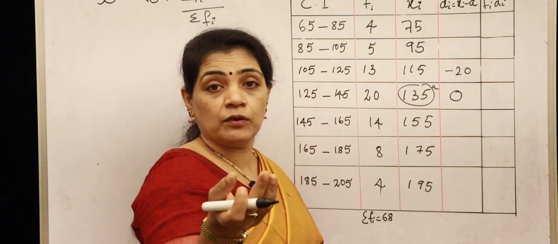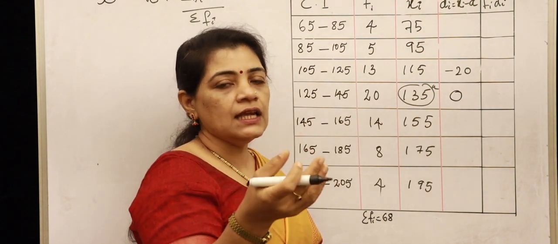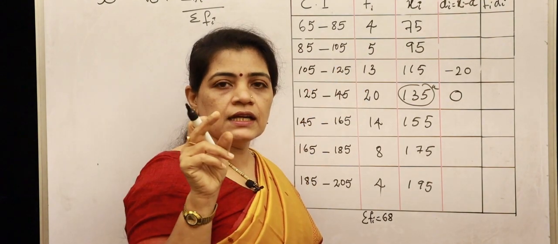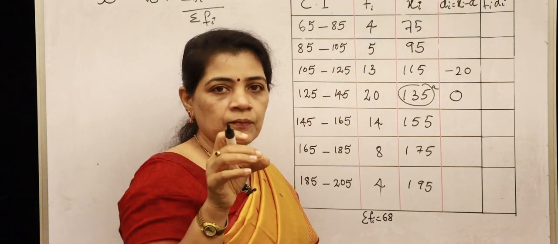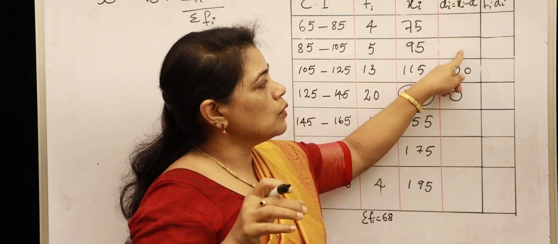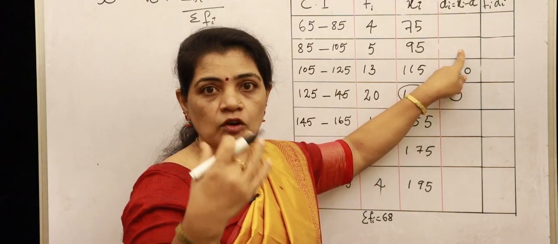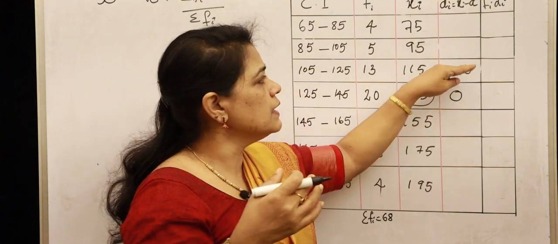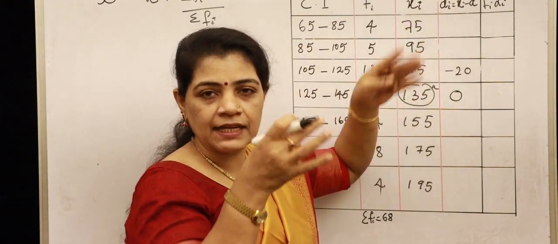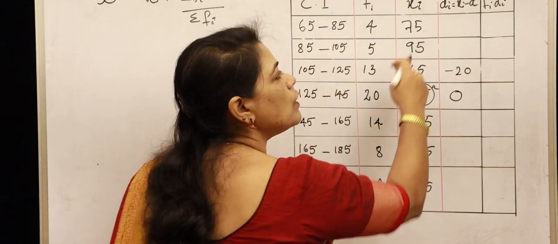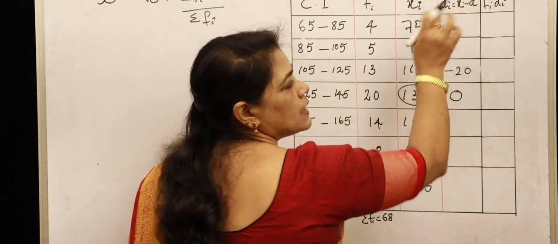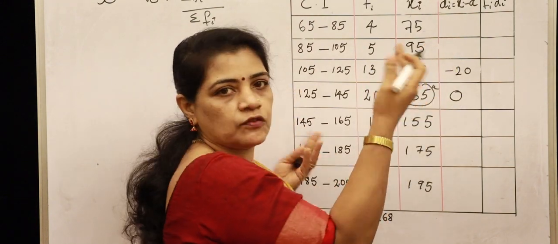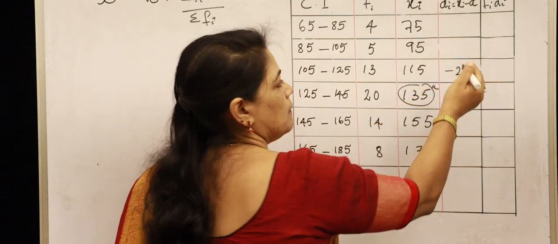That is another very important technique. You can easily write down those columns also if you know this idea, that is here the difference is 20. Here these two entries will be the multiples of 20, that is negative 40 and negative 60. Being these are above 0, it carries negative sign. Or you can subtract xi minus a, that is 95 minus 135 is negative 40.